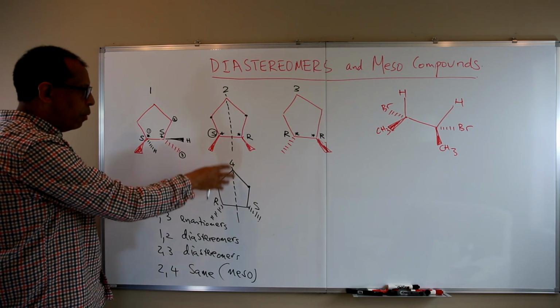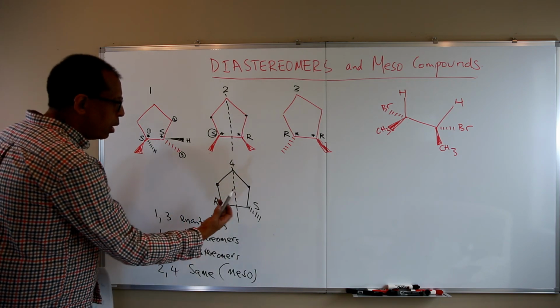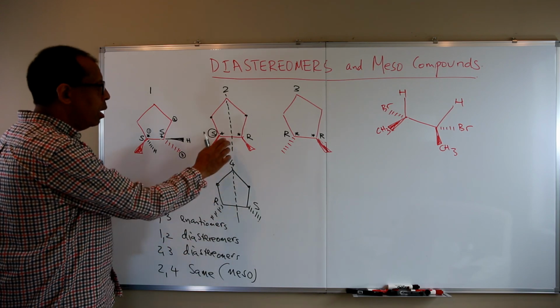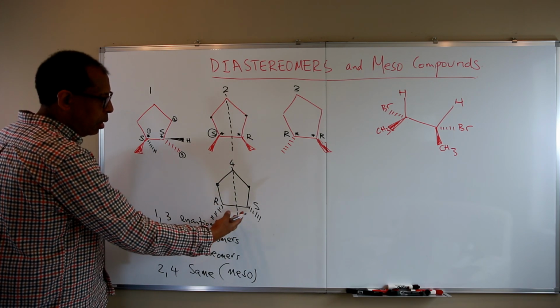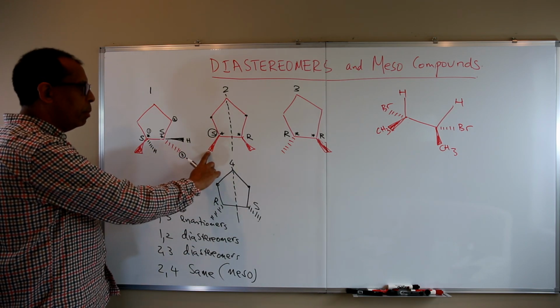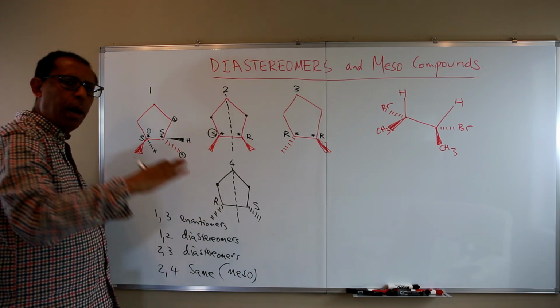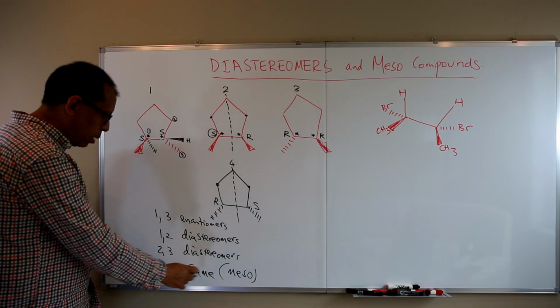So 2 and 4 are not different compounds. They are the same compound, because you can just flip this and end up both up. If you flip the whole thing, the methyl group will be up also onto the plane of the board. So 2 and 4 are the same.